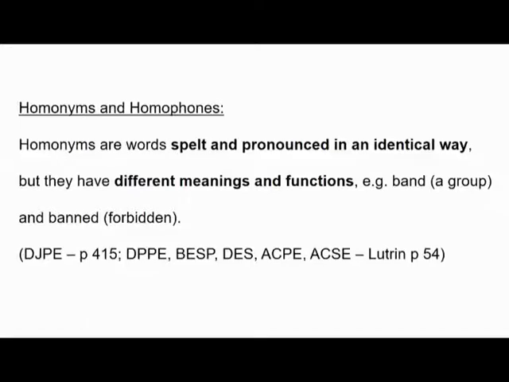You may not. Both words sound the same, but they are spelled different, they have different meanings, they have different functions. Those are homonyms. And DJPE students can find those words on page 415 and the other students in their Lutheran books on page 54.